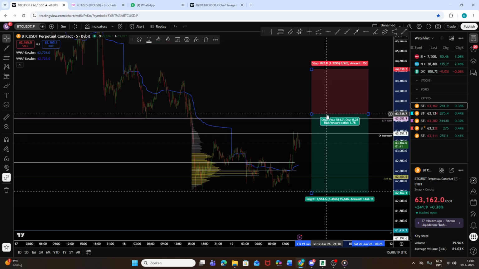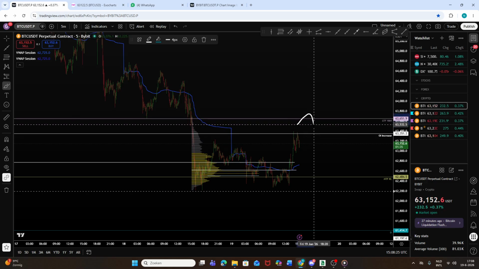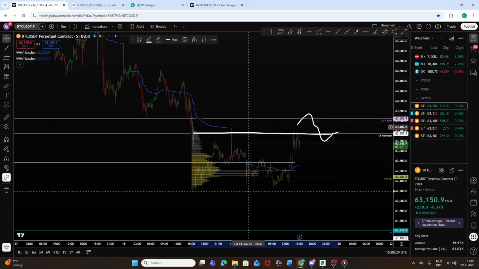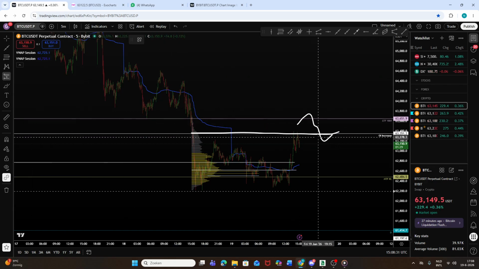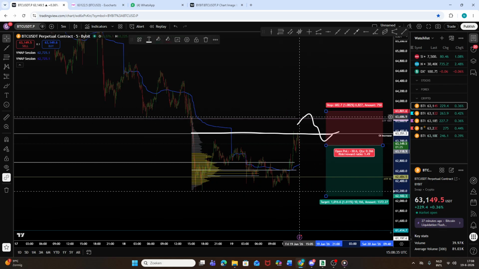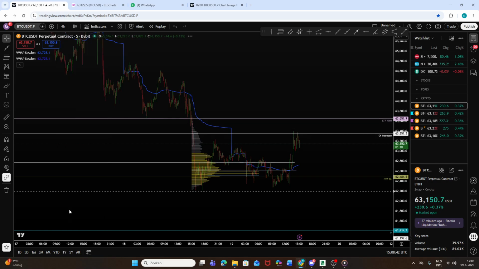If I like the reaction, then I will do that. If I do not like the reaction, then I will just wait for a loss of this level, and then this. So that's what I'm looking for a scalp, but on a higher time frame, I'm quite bullish, to be honest.